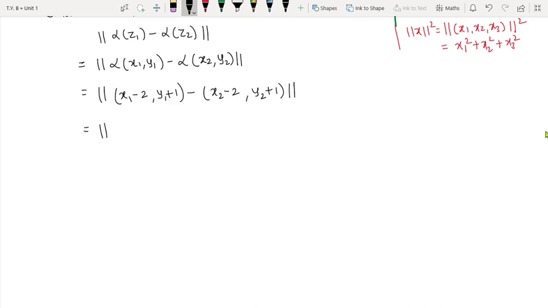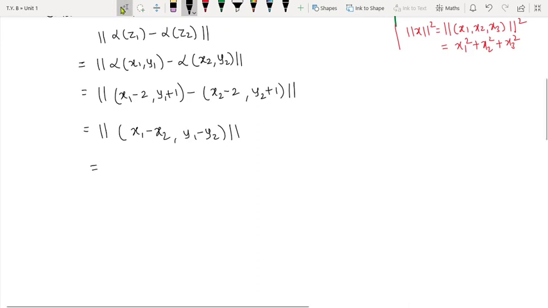You know how to subtract two elements of R2, so it will be x1 minus x2. Why? Because this minus and minus will be plus, so plus 2 and this minus 2 will get cancelled out and we'll have x1 minus x2. Similarly, what about this? We'll have y1 minus y2 as a second coordinate norm, but which is equal to what?